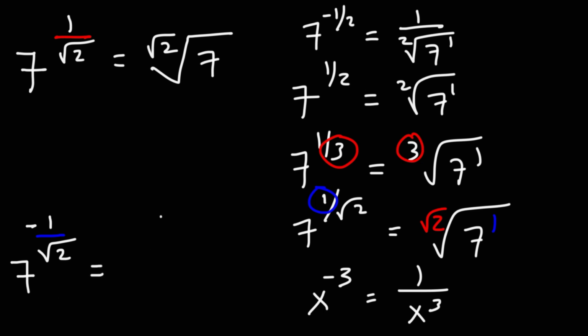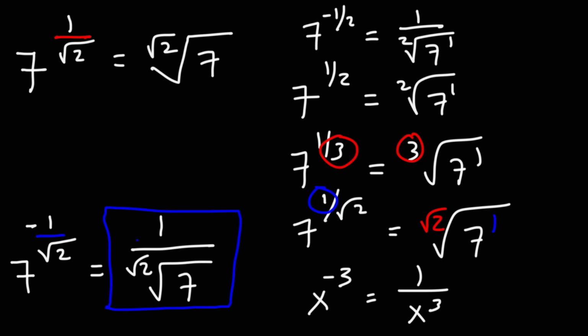So this is going to be 1 over the square root of 7 with an index number of the square root of 2. So that's all we have to do for this one. It's just making sense of it. So hopefully these examples help you to see why this is the answer, or at least how to get to it.